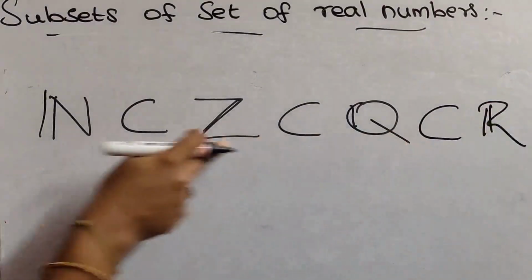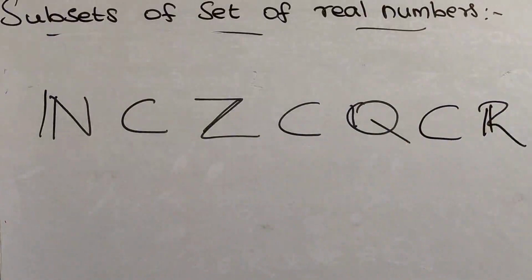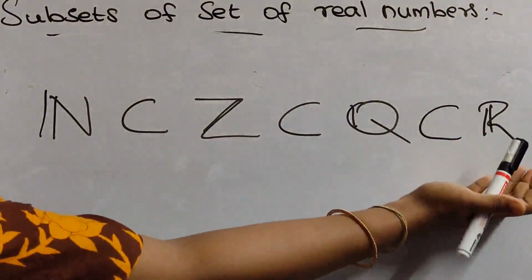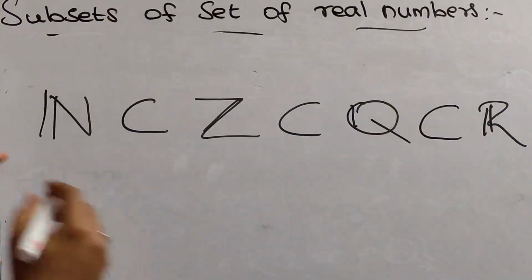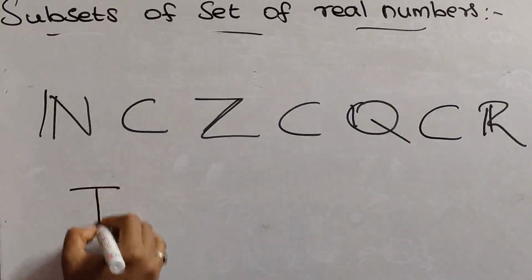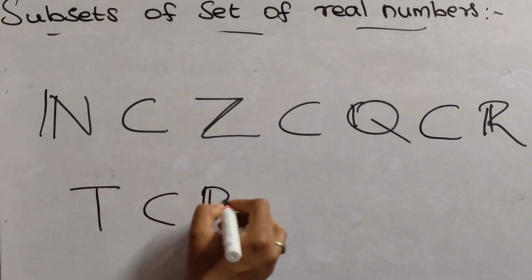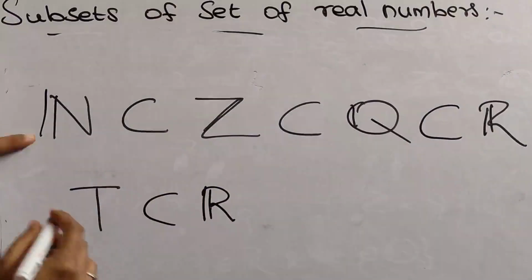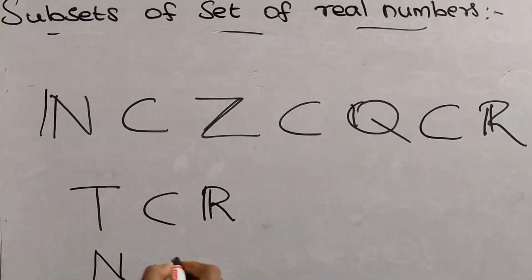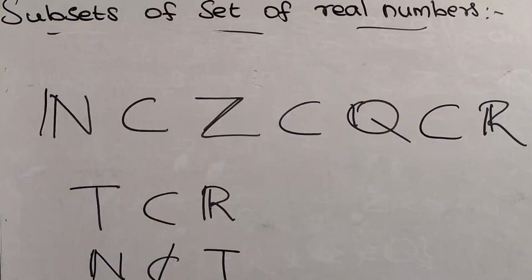So all these three are subsets of the real numbers. And one more subset is there, T, the irrational numbers, which is a subset of real numbers. Natural numbers are not a subset of irrational numbers. These are the important subsets of real numbers.